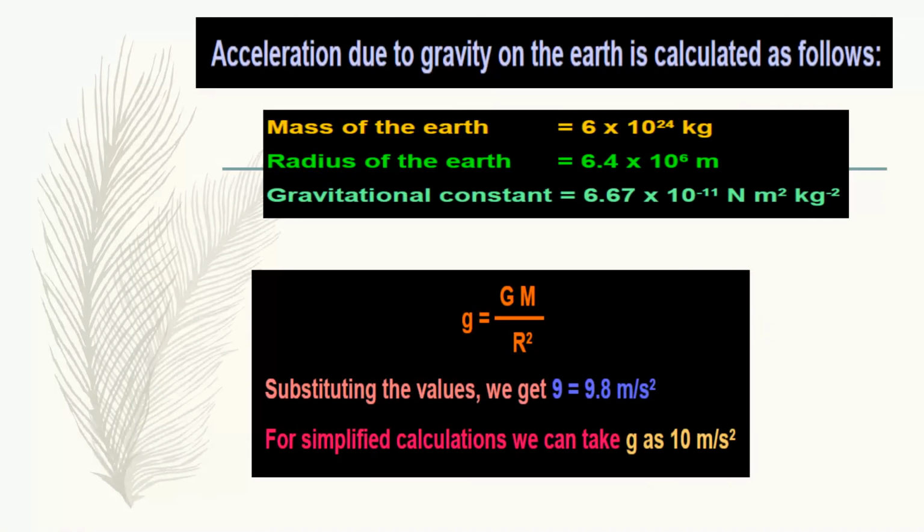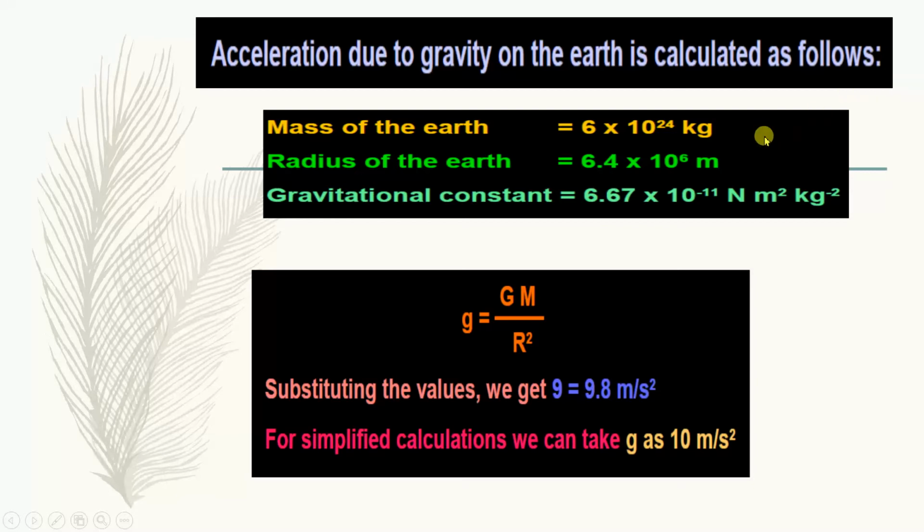Let's see. We know the mass of the earth, which you have to remember, 6 into 10 raised to power 24 kg. Just commit it to memory, you have to learn it. The radius of the earth is 6.4 into 10 raised to power 6 meter.